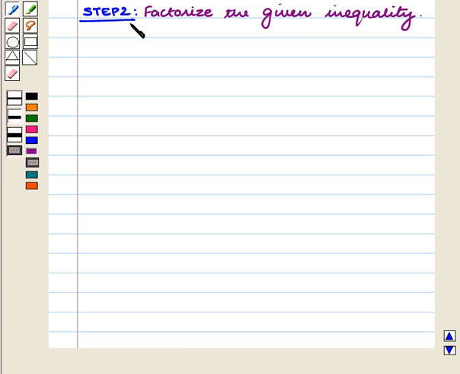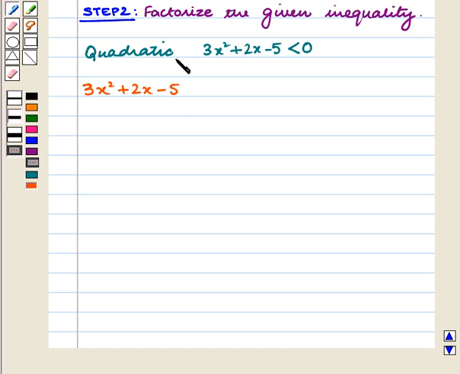Our next step is to factorize the given inequality. We have the quadratic 3x square plus 2x minus 5 strictly less than 0. Let us factorize 3x square plus 2x minus 5.